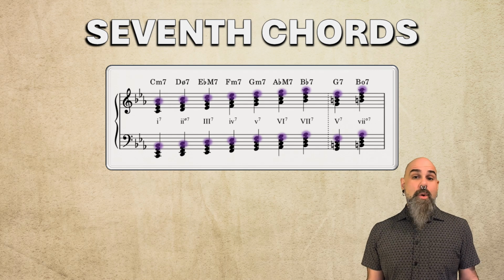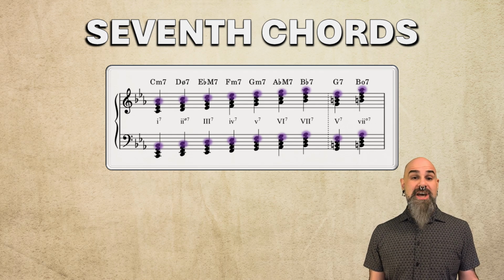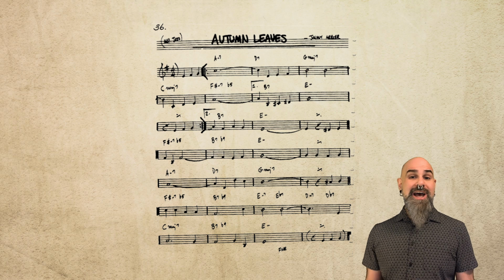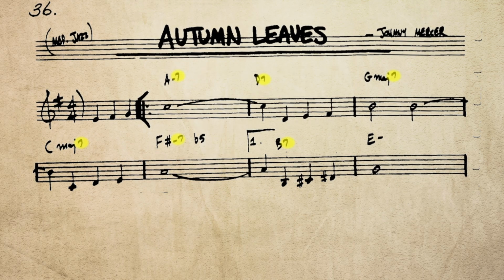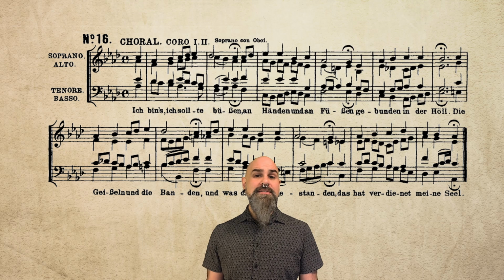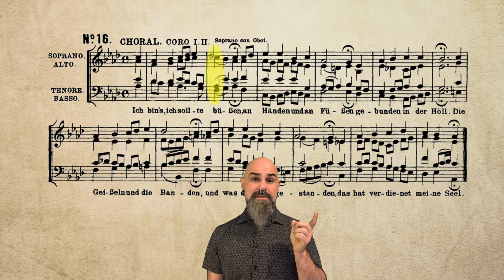Seventh chords are everywhere in Western music, from classical to jazz and everything in between. Jazz standards frequently add sevenths to almost every chord. And even in Bach's music from the early 1700s, you'll come across some really crunchy seventh chords.